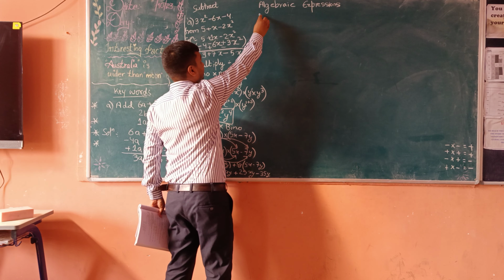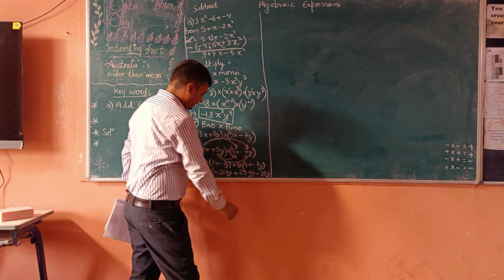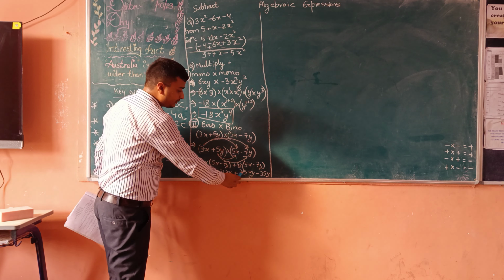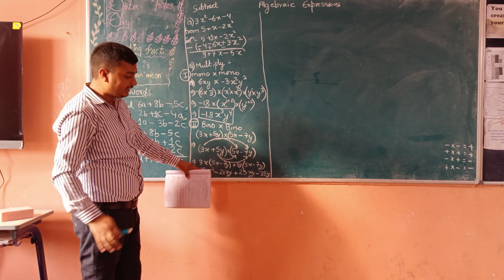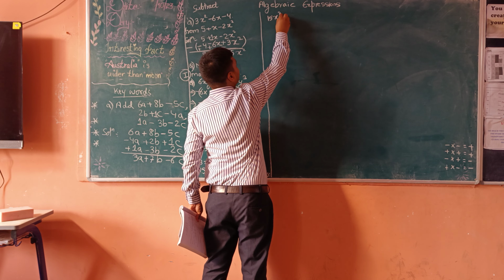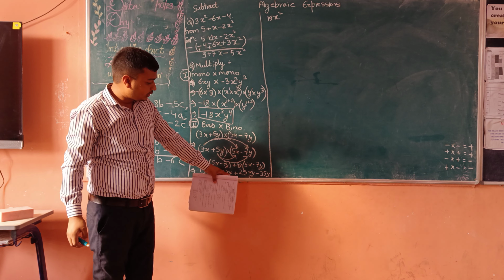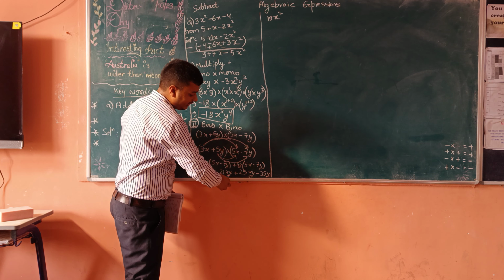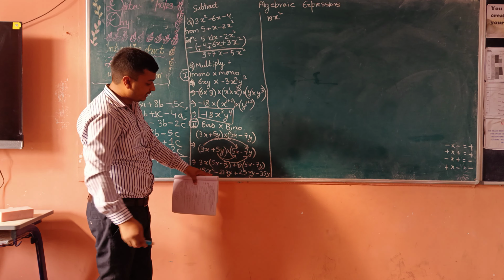Now after that, see here, 15x square. Is there any term that is x square? No. So I can never add or subtract. So I will write the answer as it is, 15x square. Next, plus 25xy minus 21xy. Is there any like term, xy? Yes, xy is here.